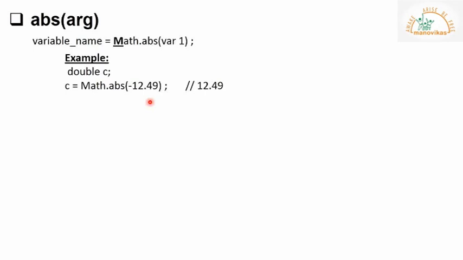So the output will be 12.49. Now, if you pass -12, your output will be 12. Suppose you pass 12 as your argument, your result will still be 12, because the abs function converts the argument to a positive value irrespective of its sign.